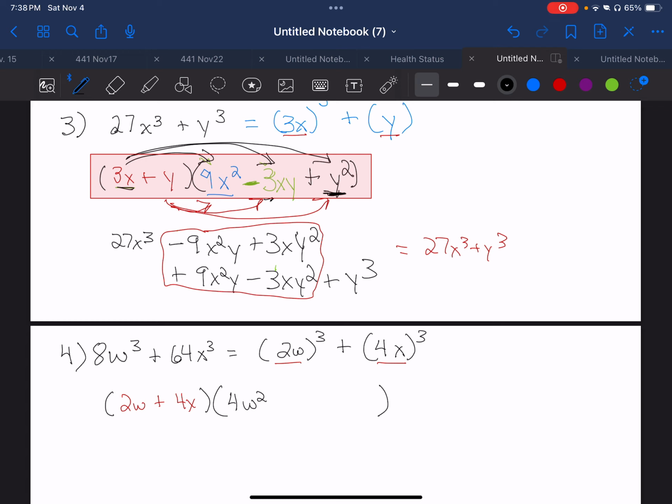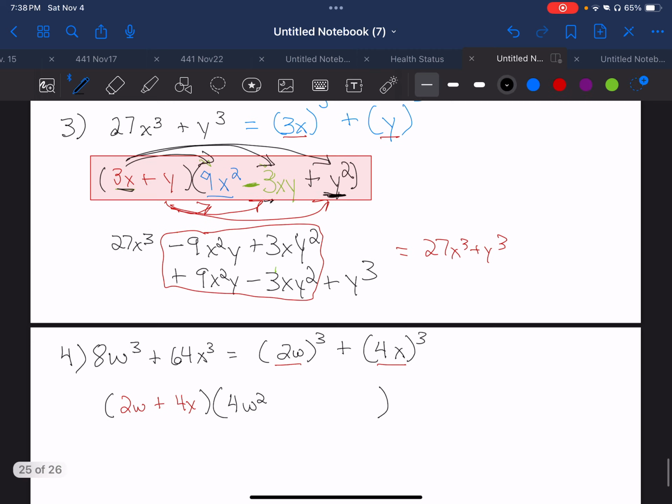In order to get my 64x cubed, I need to multiply by 16 and x squared, because 4 times 16 is 64, and x times x squared is x cubed. So this will be positive.